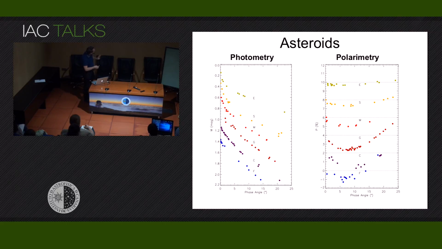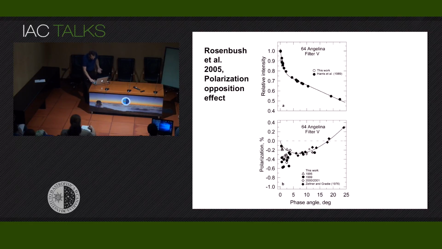Okay, so typically you have a saturation toward the dark end and you have saturation toward the bright end of objects, and the most pronounced polarization is for G and C types here, negative polarization minus 2% maybe even. Okay, then you may have some fine additional effects. This is not guaranteed yet, but there may be some features really at very small phase angles.